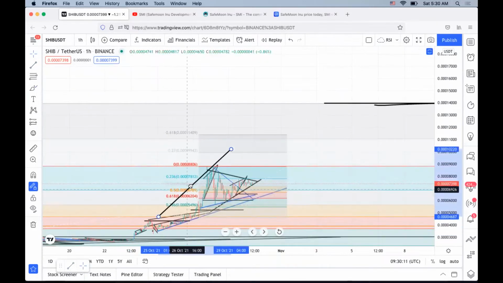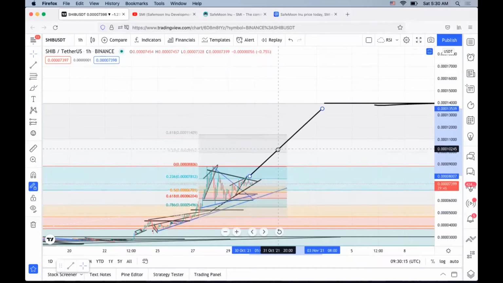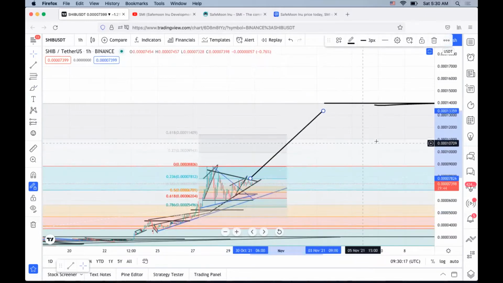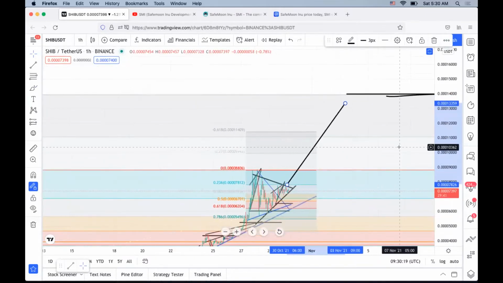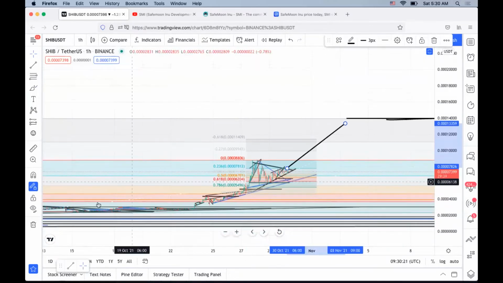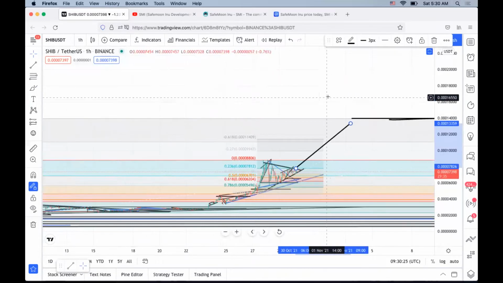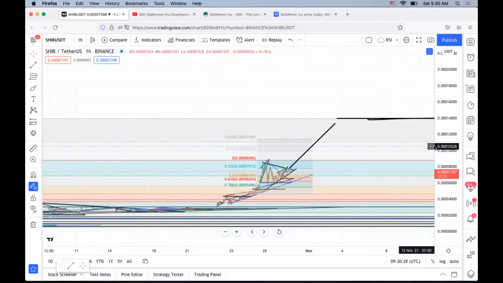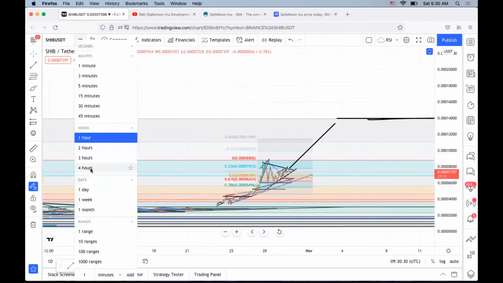All right, and we can drag this up here. So maybe somewhere around this area right here. And as you see on our larger Fibonacci that we drew a couple days ago, when we went from our very low to our top right here, this would line up very well with our 0.27 level area.